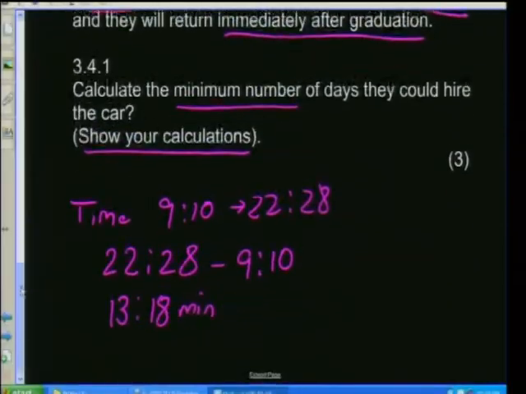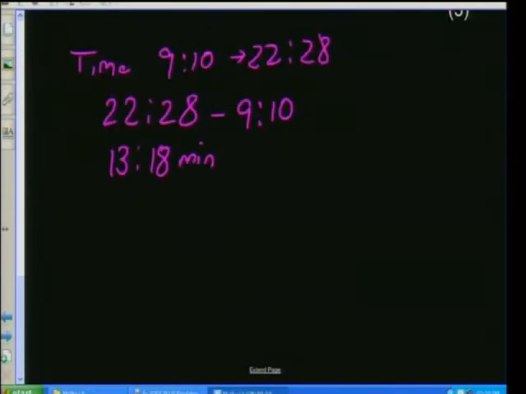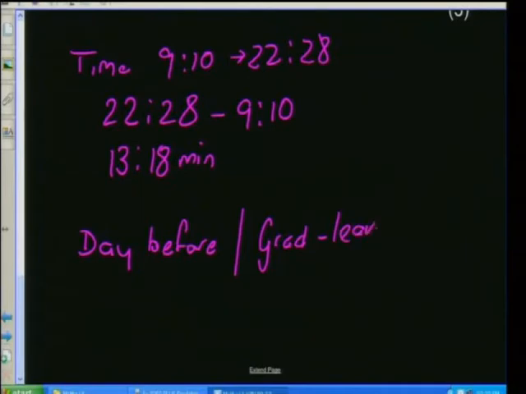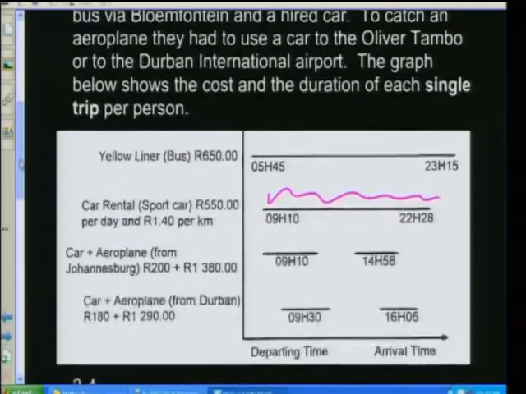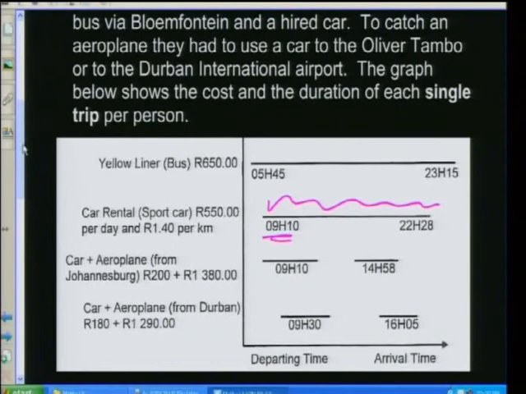What I'm going to do is see what is the latest time that they can leave if we want to hire the car for the shortest period. If I'm going to go with the shortest period, it was the day before, then they had graduation, and then I'm saying, okay, if they can leave after graduation and return the car the next day, but I'd like to return it before 9:10 in the morning.